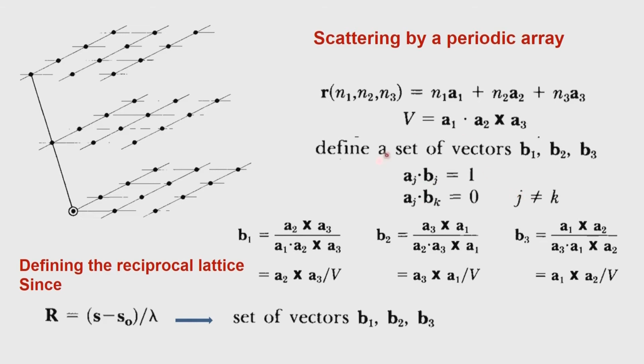So that means a1 dot b1 is equal to 1, and a1 dot b2 goes to 0. Such a set of vectors, defined using this expression, are called the reciprocal of a1, a2, a3. Now, it becomes obvious why we are doing this.